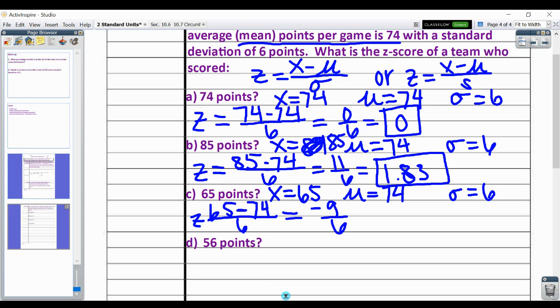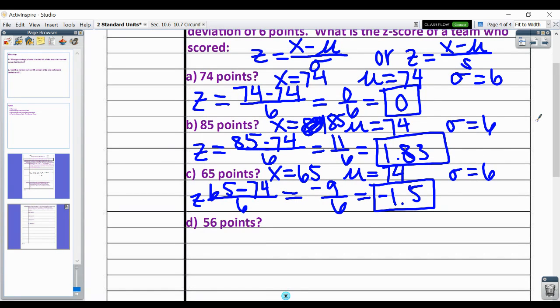This time we get negative 9 over 6, which becomes negative 1.5. Yes, we got a negative number, but that means that instead of scoring above the mean, we scored below. So this is telling us that we scored 1.5 standard deviations below the mean.